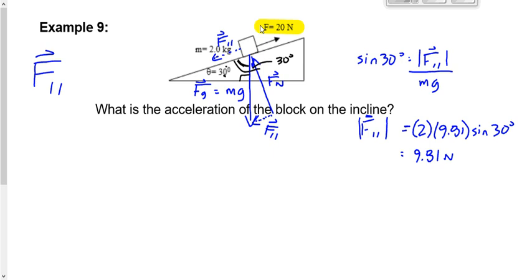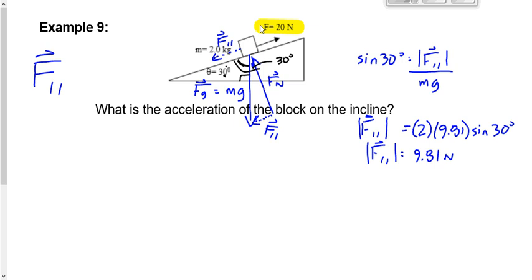Yeah, friction's not going to be higher than F parallel, right? If that was friction, it would have to be lower than 9.81. This 20 newtons is just somebody pulling it, some guy pulling it up the hill. It counters this F parallel of 9.81.